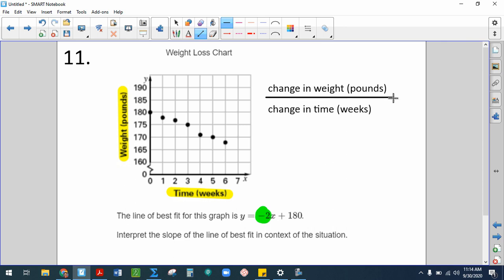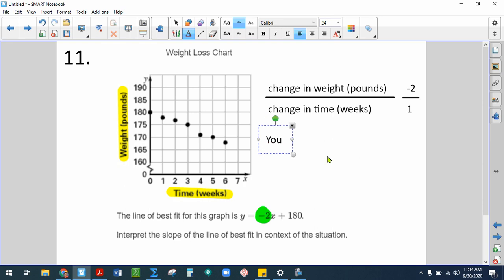So if we say that this is equal to -2, that means that my weight is changing by -2 pounds for every 1 week, or that my weight is going down by 2 pounds a week, or you're losing 2 pounds each week. Because you're trying to lose weight. It's a weight loss chart.